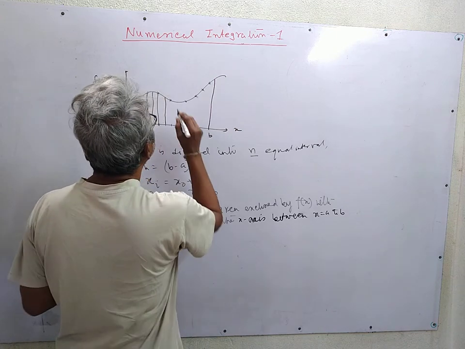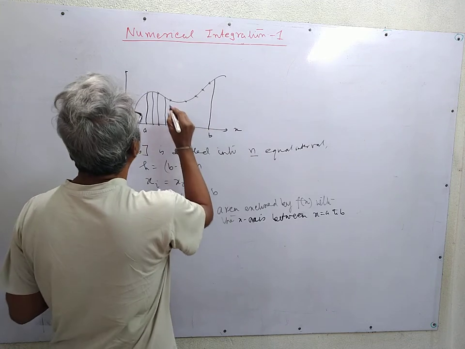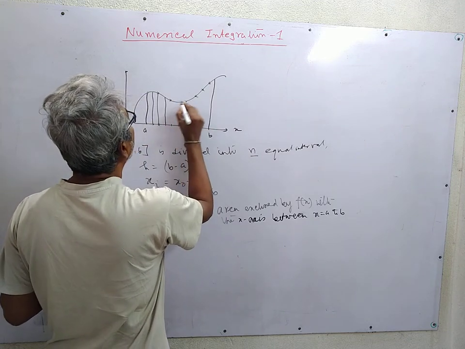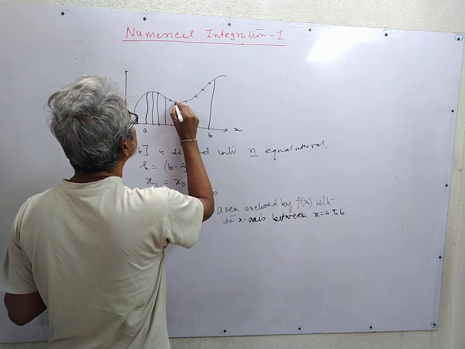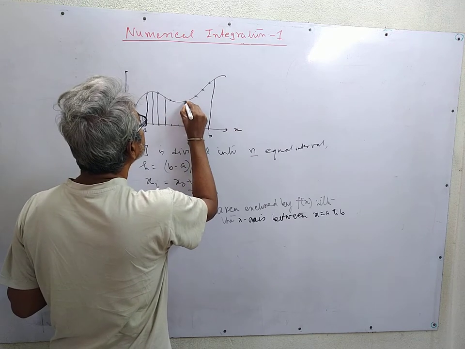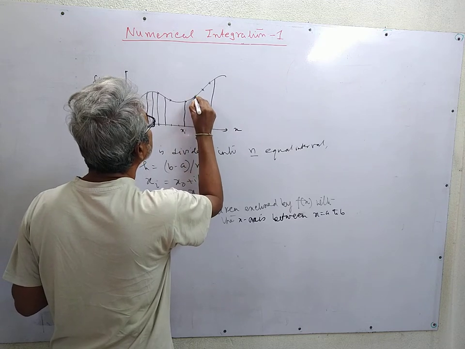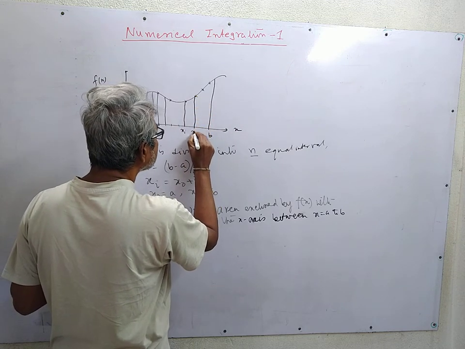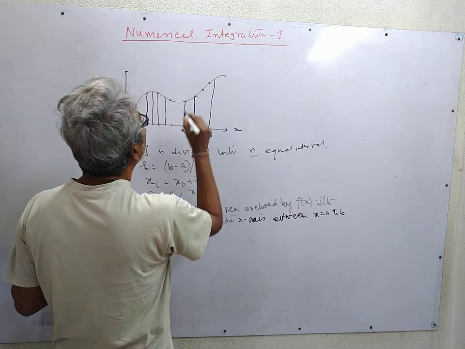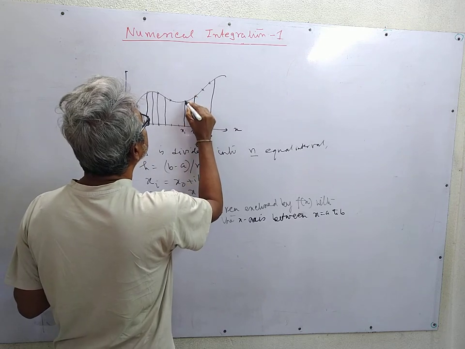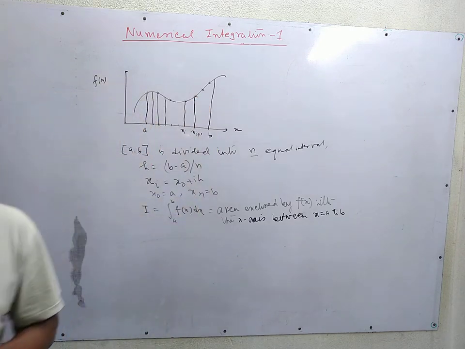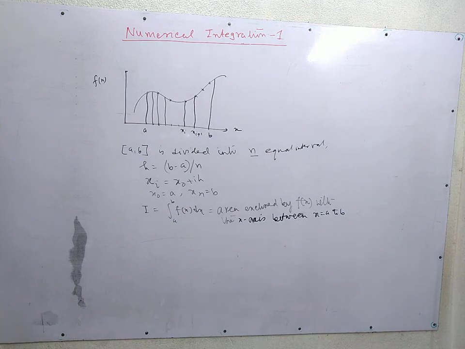Let us consider a situation where these are two consecutive values. Say this is the xi value and this is the other value xi plus 1, and we are to estimate the function between xi and xi plus 1.